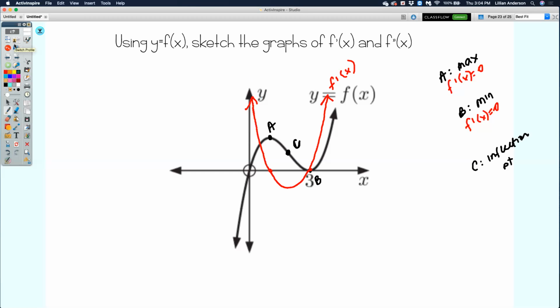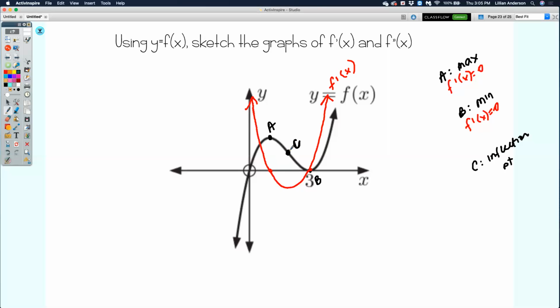Could you repeat why we have an inflection point of C between A and B? Okay, so in order for a curve to change its curvature from being concave down to concave up, there had to have been a point where it made that change.